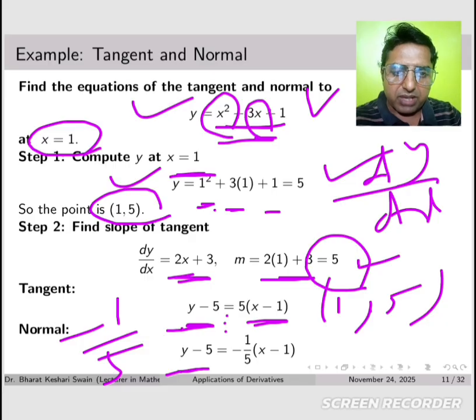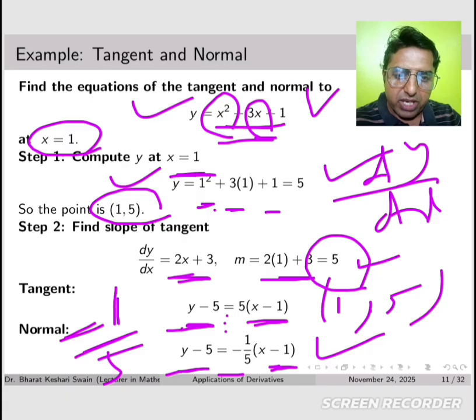So just put the value of the slope of the normal and into x minus 1, because the point is 1, 5. So the equation of normal is y minus 5 equal to minus 1 by 5 into x minus 1. Right.